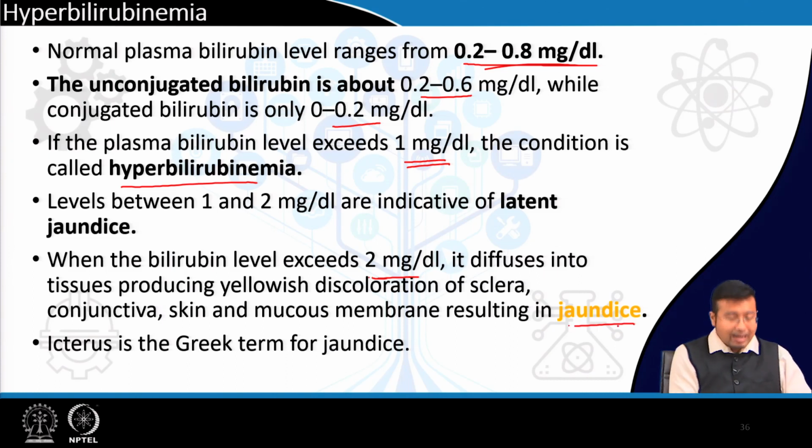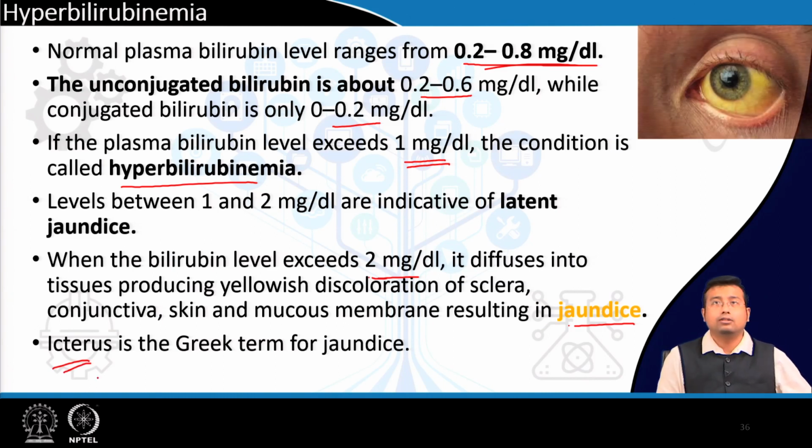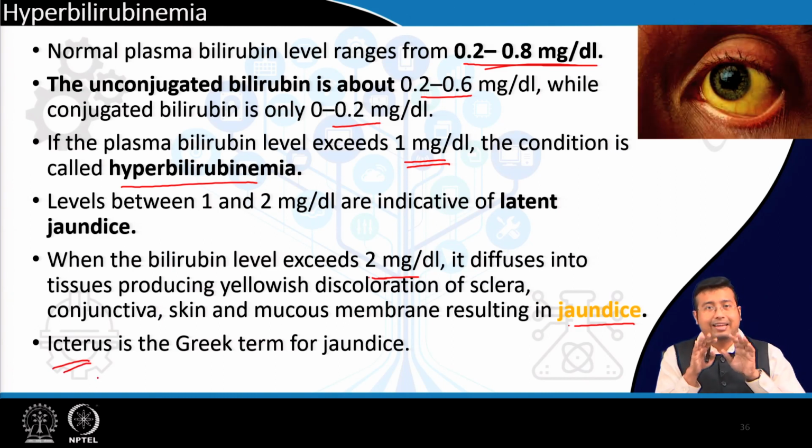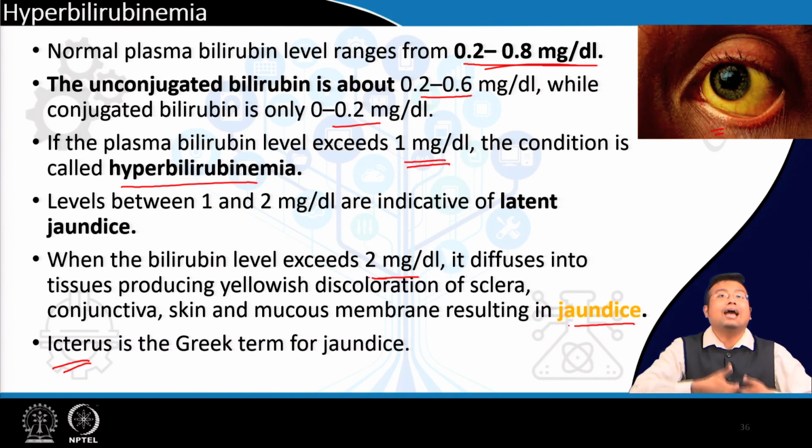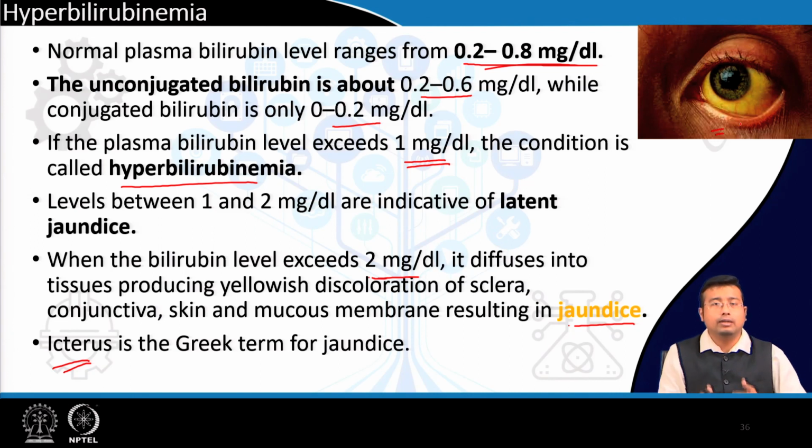Icterus is the Greek term for jaundice. So, you can see in cases of hyperbilirubinemia and jaundice, the sclera, the white part of the eye, as well as the nail bed and skin, get yellowishly discolored, and with higher and higher values of bilirubin, even the whole body may become yellowish.